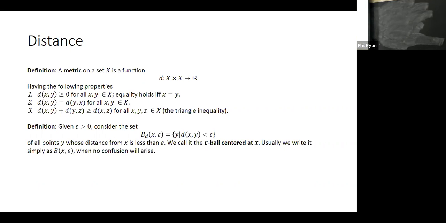Given any epsilon greater than 0, we have a ball centered at x, which is all those points whose distance from x is less than epsilon. And sometimes we'll have the D here, and sometimes we don't.